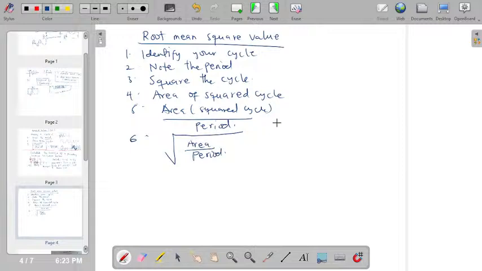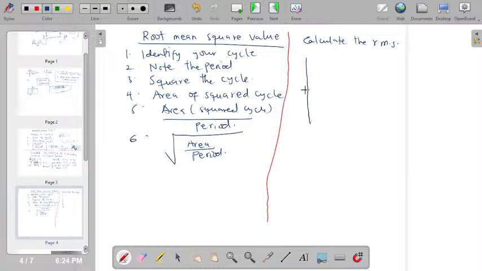So let's quickly get this simple question as well. I'm giving you this waveform here. Calculate the RMS of this waveform.